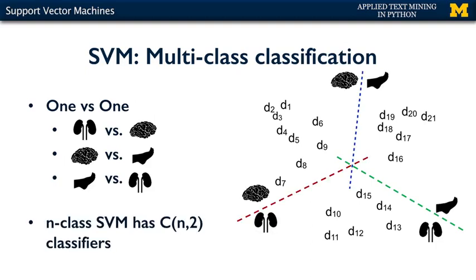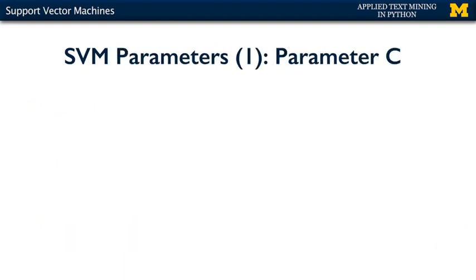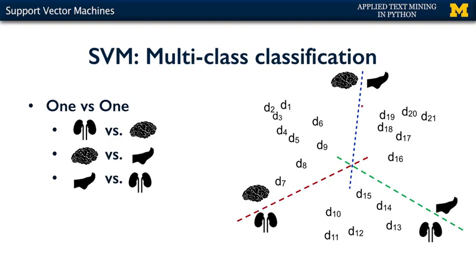When you have these 3 classes together, you can see that in general, for an n class setup, there are n choose 2, a combinatorial number, roughly n square, of classifiers. It so happens that for 3 classes, it is 3 classifiers, but for 4 classes, it will actually be 6 classifiers, and so on. But you can still use the same idea. Between the class labels podiatry and neurology, it's podiatry.